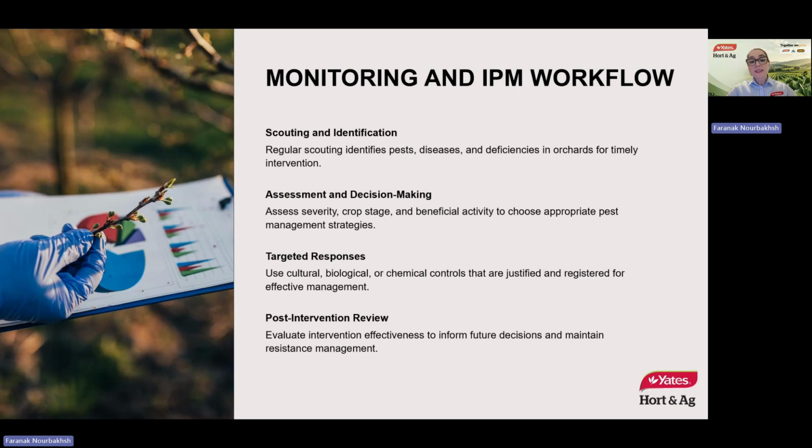We need to have a post-intervention review after any decision that we make, and after any strategy that we follow. We need to evaluate what caused the problem, how we managed it, was it effective or not, and how we can improve our monitoring and pest management for the next season.